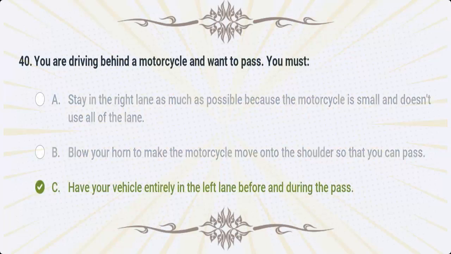When passing a motorcycle, allow a full lane to the motorcycle. Never crowd into the same lane as the motorcycle. Returning to the original lane too soon can force a rider to swerve to the right and into traffic or off the road.